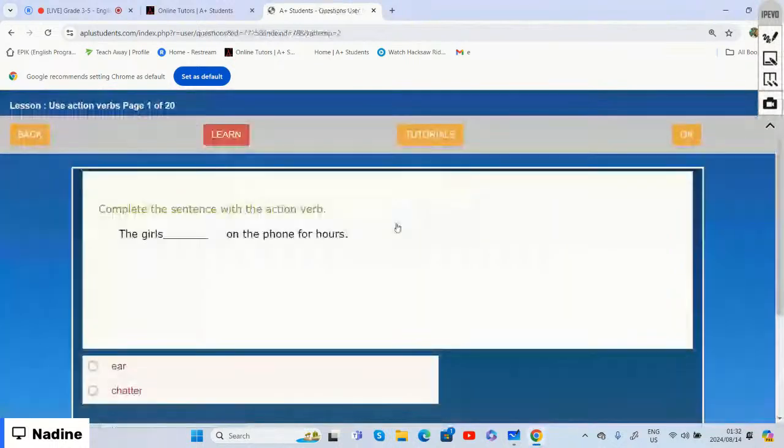Learning, yes, is an action. Offer is an action. All right, so now we're going to complete the sentence with the correct action verb.